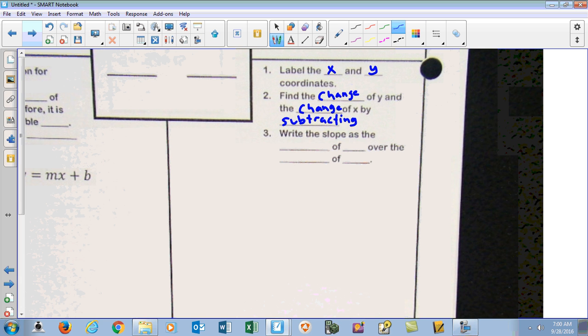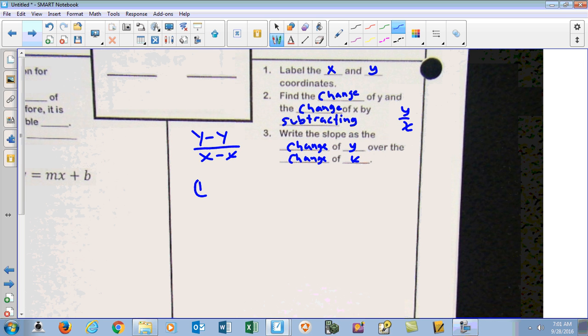Write the slope as the change of y over the change of x, just like we have done in the past, right? So what you want to remember is you want to subtract the y's from the y's and then go in the same order with the x's.